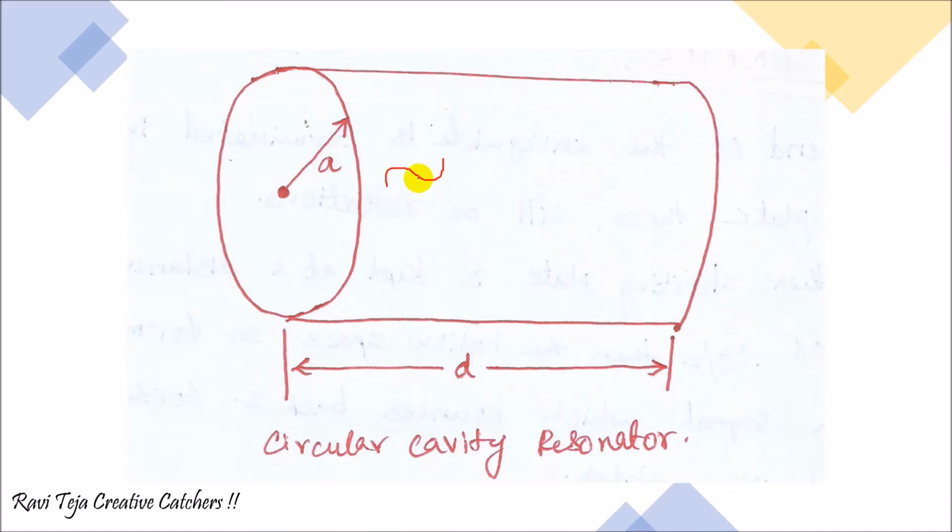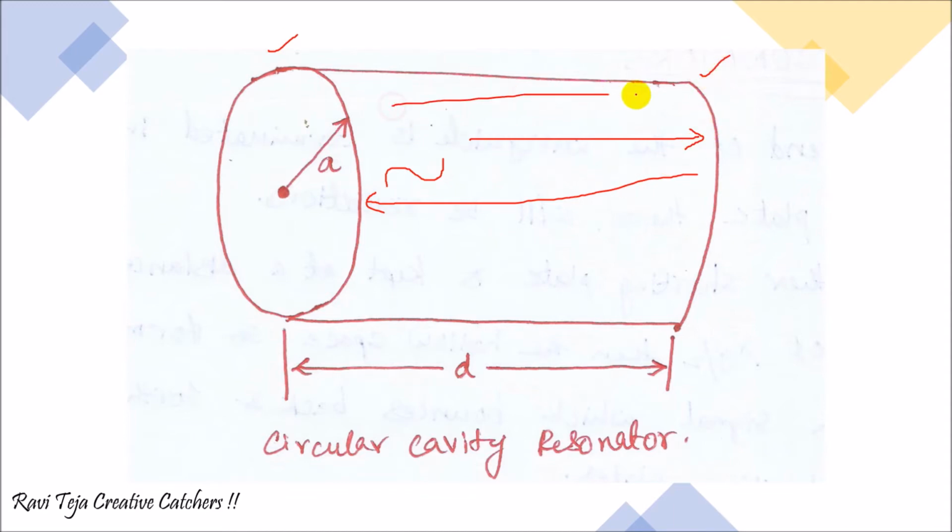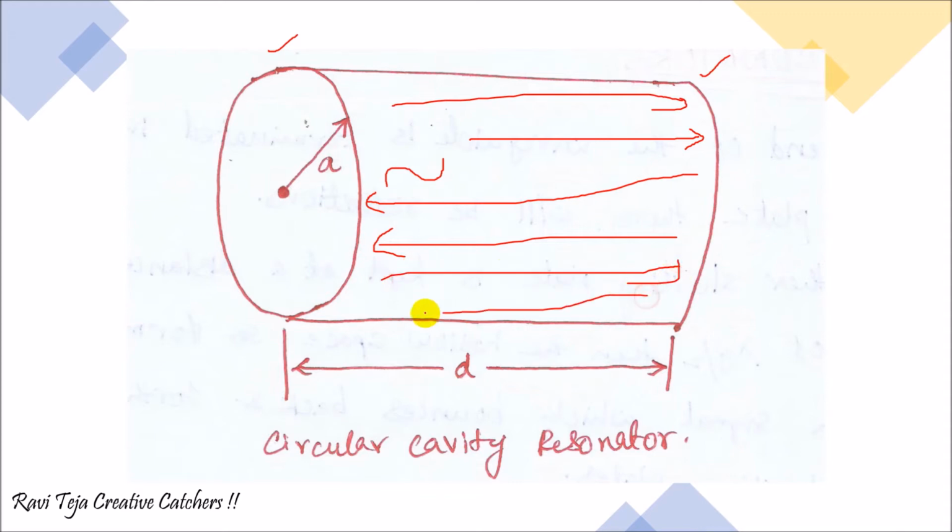When the signal or wave is trapped, it tries to escape, but as both ends are closed, the signal moves to and fro, by which it will be generating some frequency or some energy. That's why we are considering it as a cavity resonator.